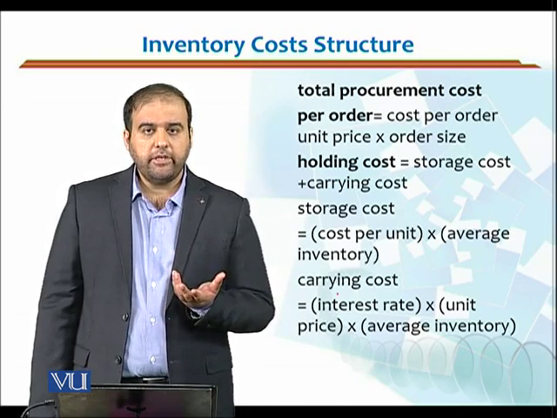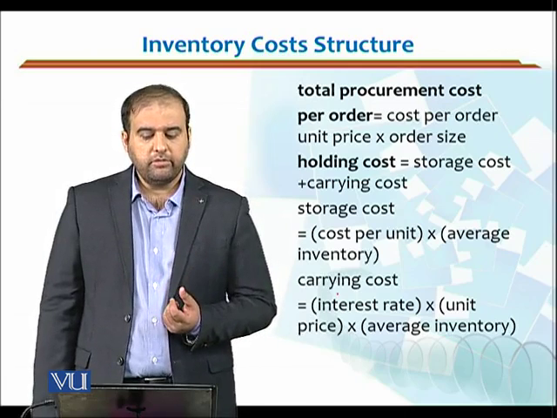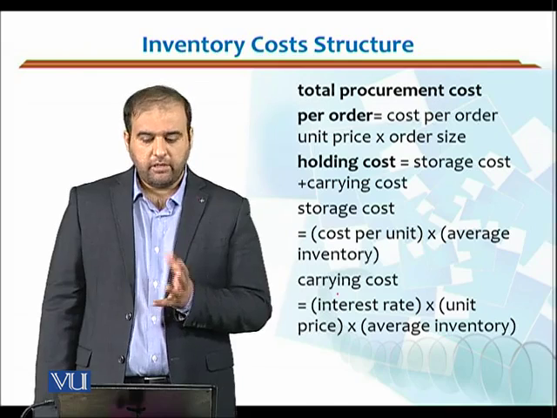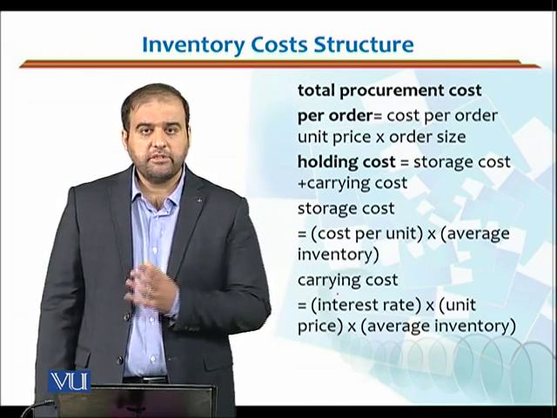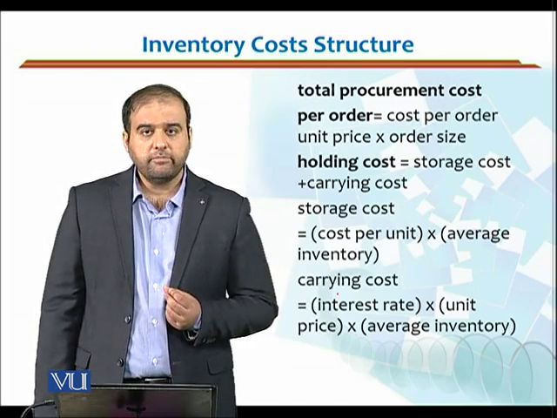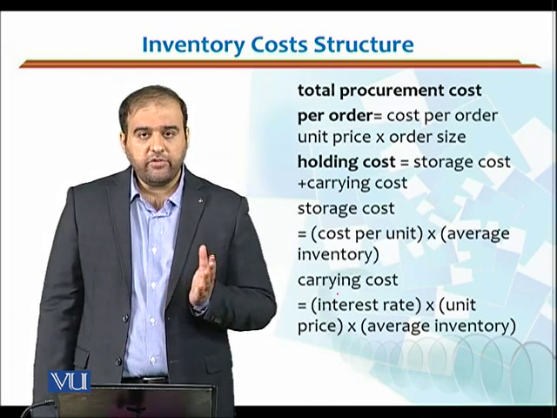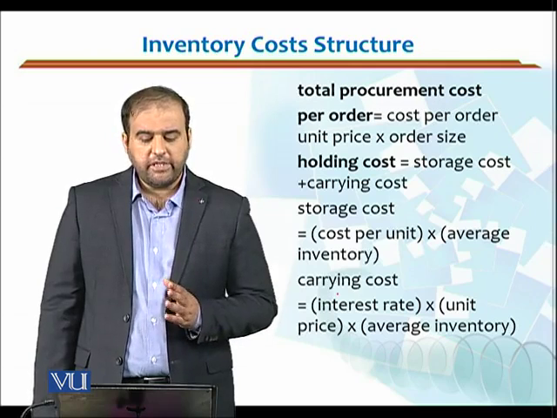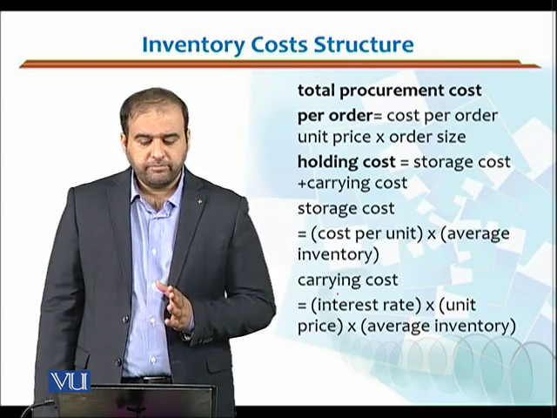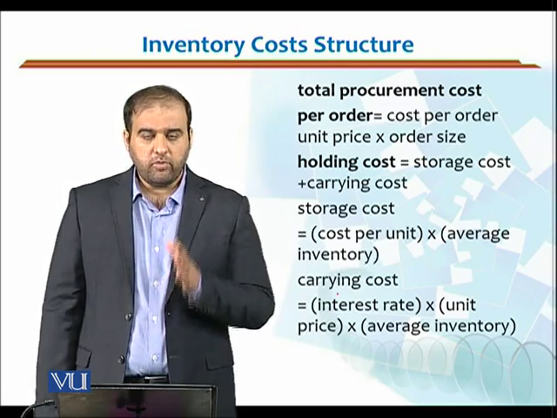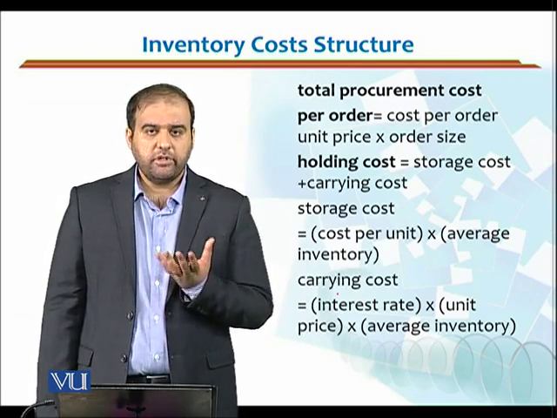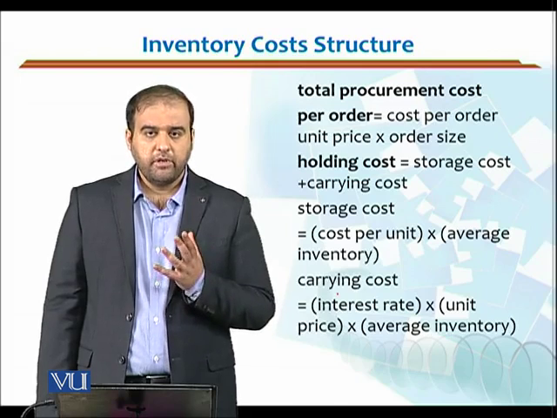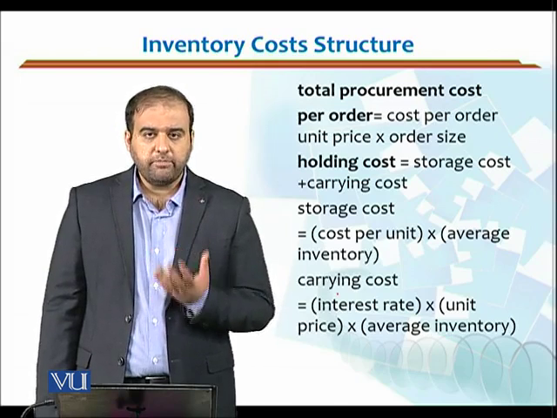How would you calculate the carrying cost in the holding cost? Holding cost is a sum of storage cost plus the carrying cost. Carrying cost is the interest rate multiplied by the unit price multiplied by the average inventory. So what is the average inventory level? On average, how much inventory do you hold, multiplied by the unit price.